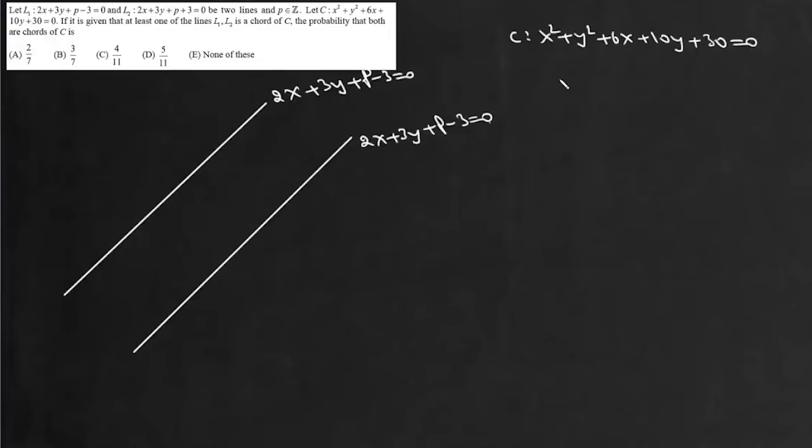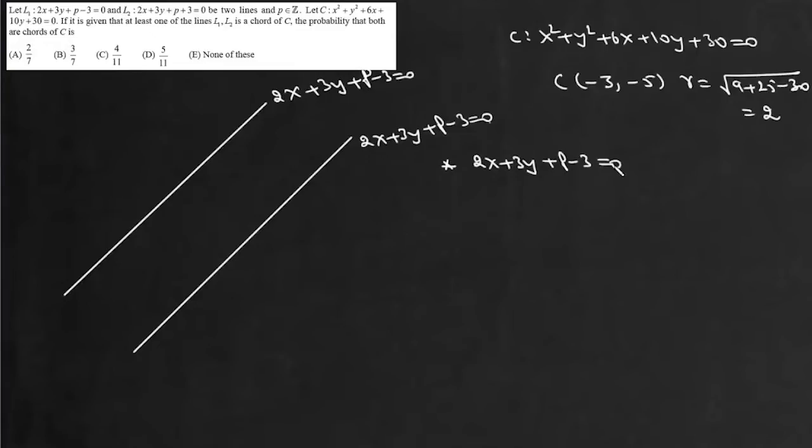Now the center of this circle is at minus 3 comma minus 5, and its radius is under root of 9 plus 25 minus 30, which is 2. Now first we'll take the condition that 2x plus 3y plus p minus 3 equals 0 is a chord of the circle. It will be a chord of the circle if the perpendicular distance from the center is less than r.